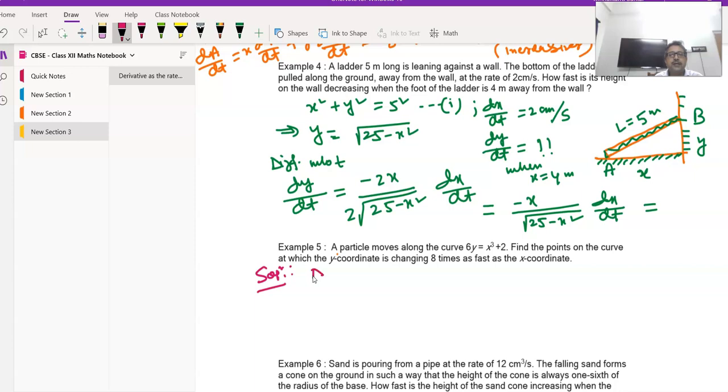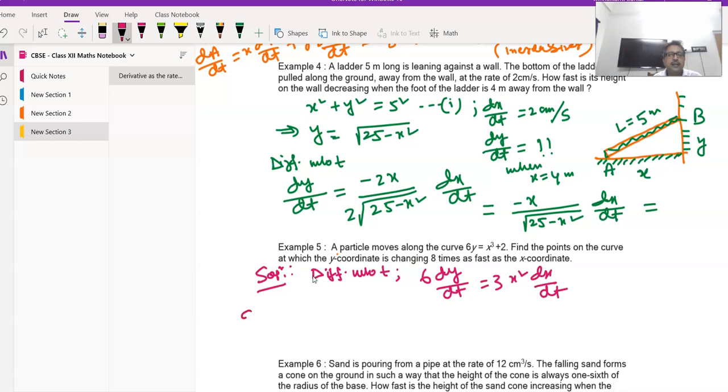You just differentiate with respect to t. 6 into dy by dt is going to be 3x square dx by dt.